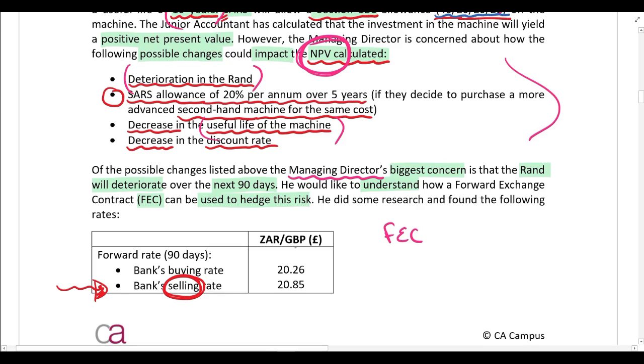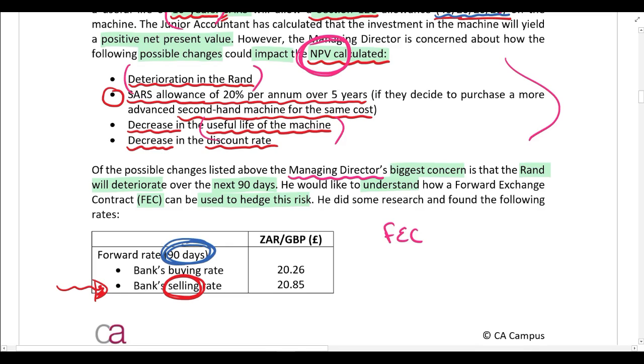So this is how he can use an FEC to hedge currency risk. He goes to the bank today and enters into a binding agreement with the bank. Make sure you use the information provided in the scenario in your solution, because that's where the marks are going to come from.